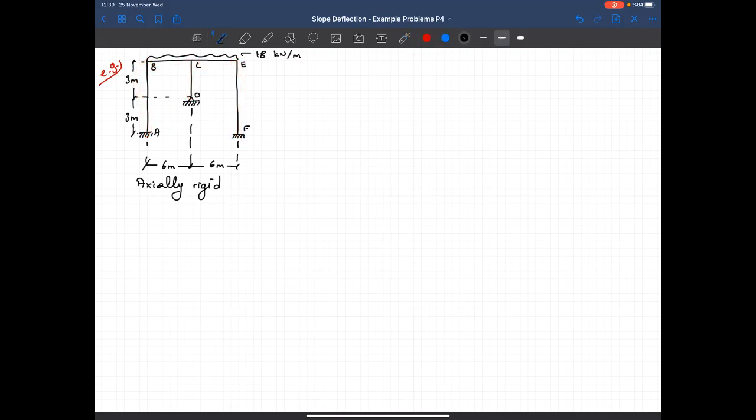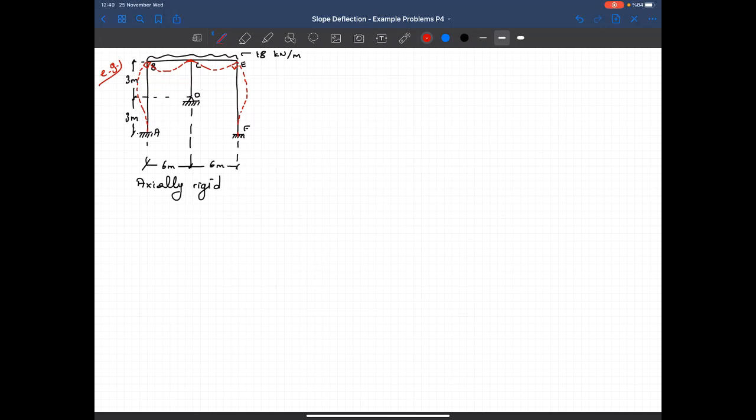Okay, so let's sketch the deformed shape before we jump into the solution. So we expect to see a deformed shape as follows: 0 translation, that's 90 degrees. So 0 rotation here, and that's it.